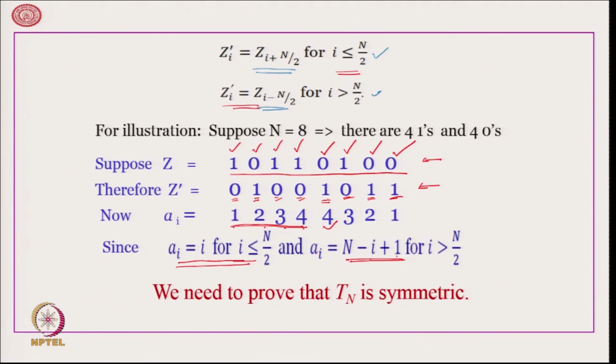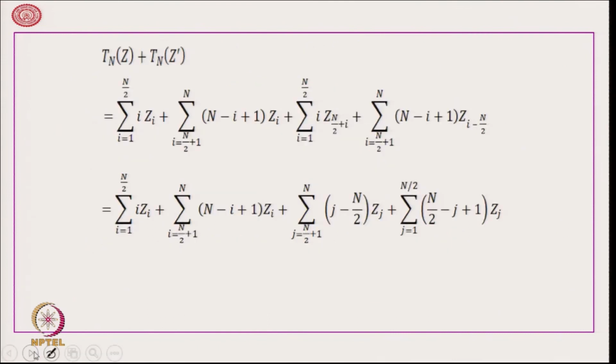When i is equal to 6, it is 8 minus 6 plus 1, that is 3. Similarly, 2 and 1. Therefore, we can see that the weights are decreasing in a symmetric manner as well. We need to prove that T_n is symmetric around its mean. So, let us prove it mathematically.